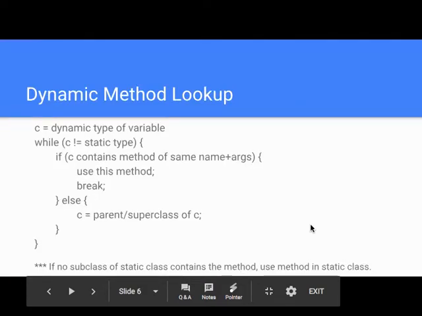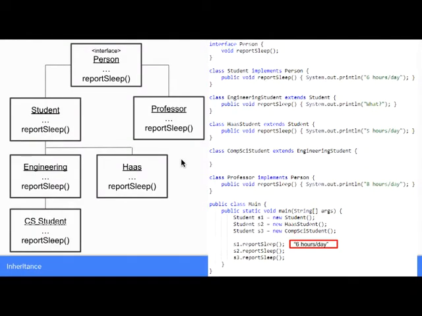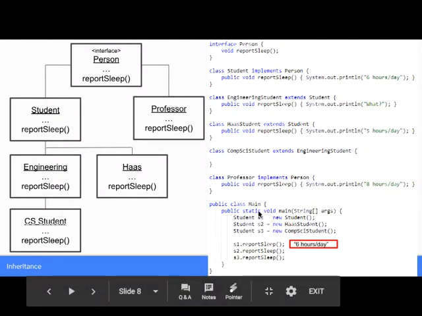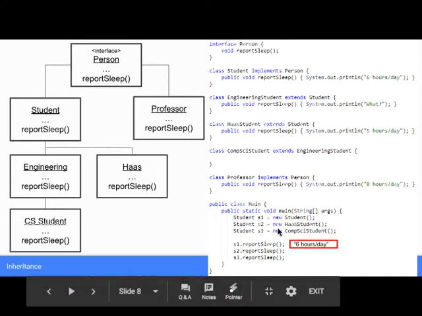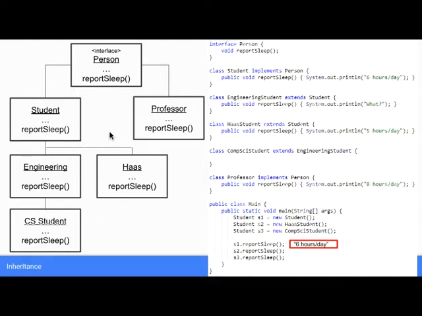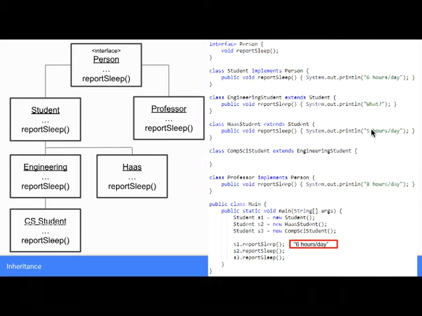So if we go back over here, we're basically going to see if HostStudent, the dynamic type, contains a method called reportSleep. The exact same method in terms of same name and same arguments and same type of arguments. So we find out that we do have this method called reportSleep that overrides the reportSleep in Student. So when we run s2.reportSleep, what will we be printing out? 5 hours a day. Not much of an improvement.